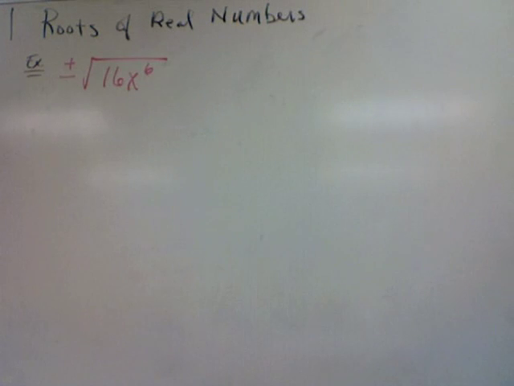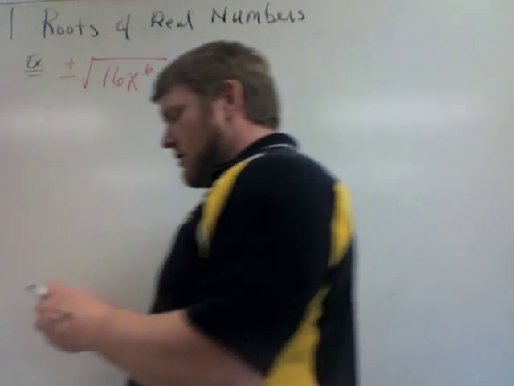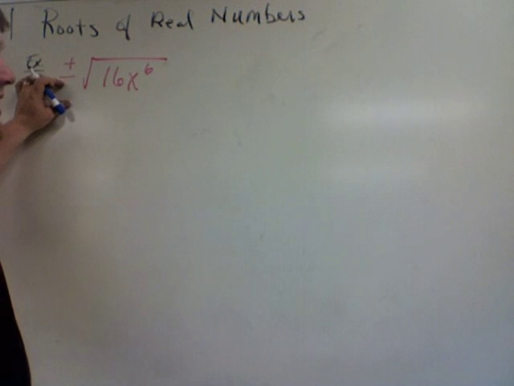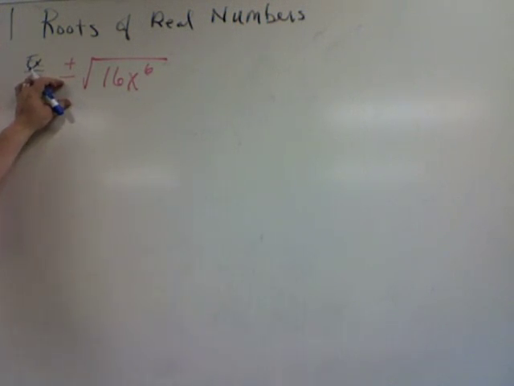On this particular problem, I have 16 x to the 6th, and I'm taking the square root of it. On the plus and minus, don't necessarily worry about that. It's just going to tag along with your answer no matter what.